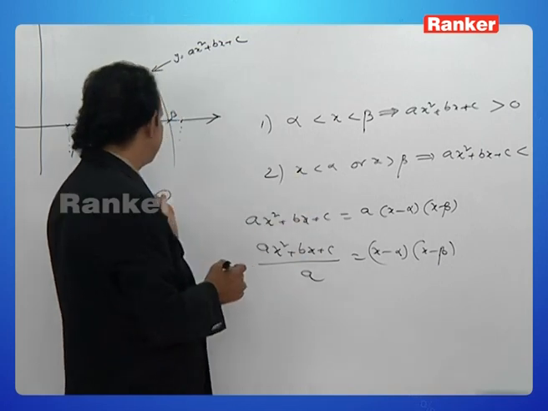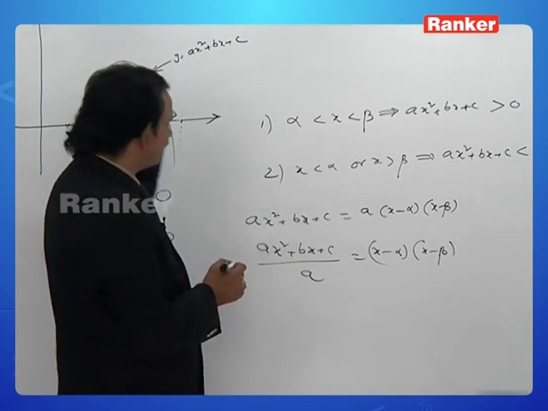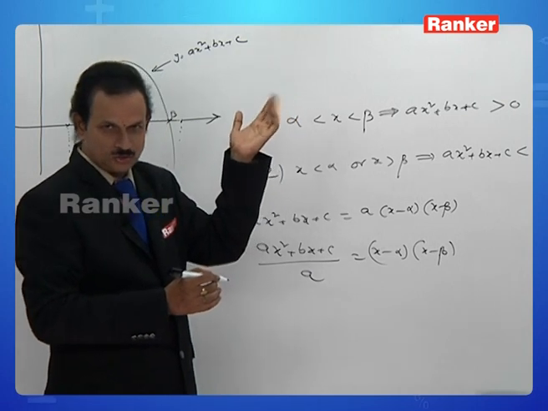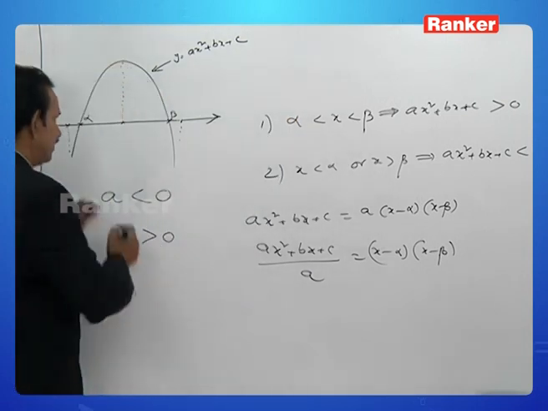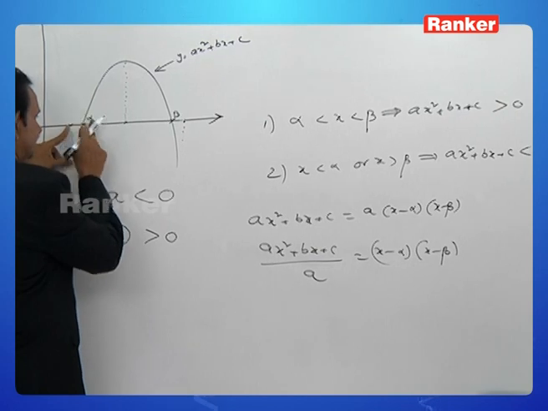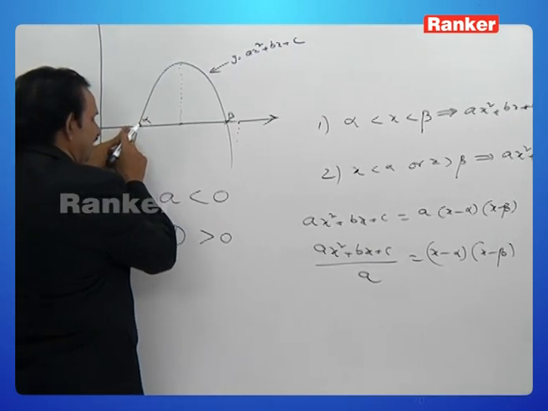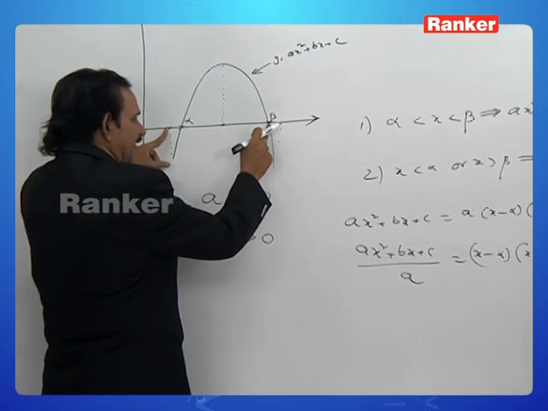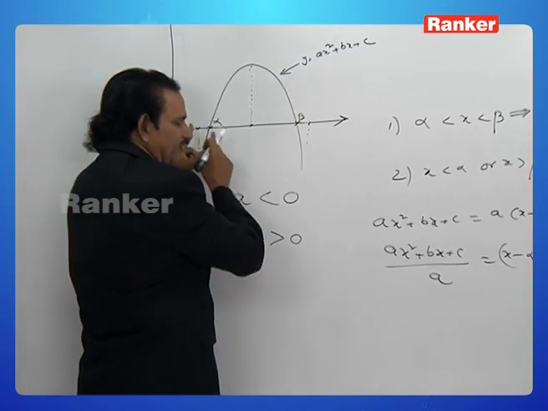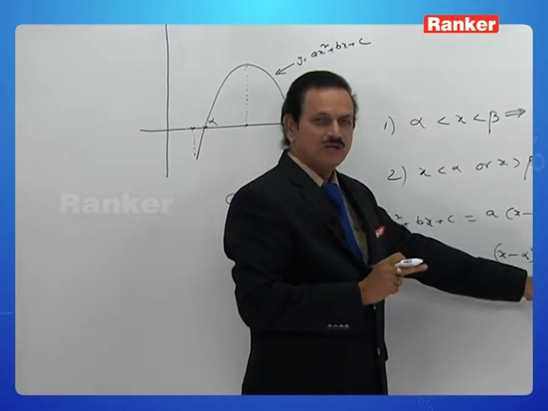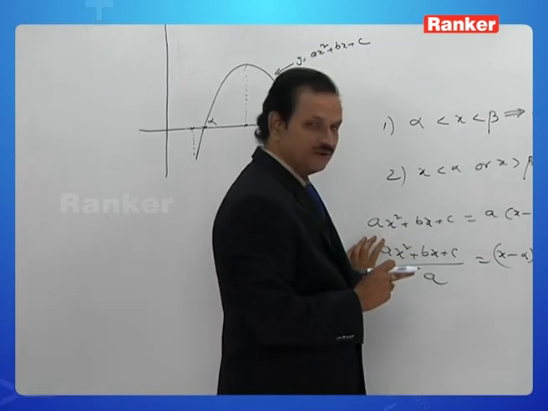A fraction is negative means numerator and denominator are of opposite sign. So it is happening either in this case or in the previous case, that is, when a is greater than 0 also. Well, the next one, if x lies here, x is less than alpha, so x minus alpha is negative. x is less than beta, so x minus beta is also negative. Negative into negative, positive. So this expression is positive.